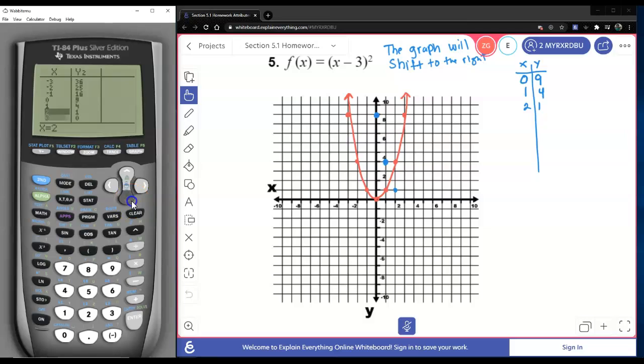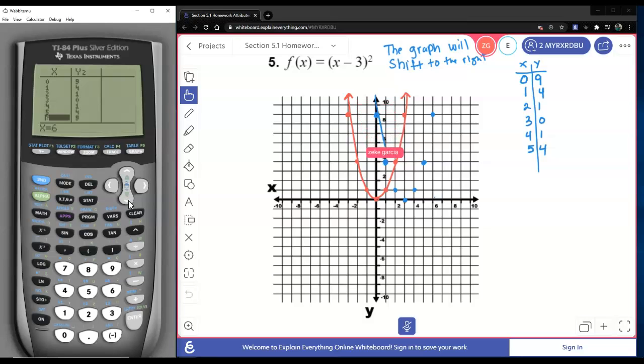The next one is 3, 0. 4, 1. 5, 4. And then 6, 9. 6, and then up 9.